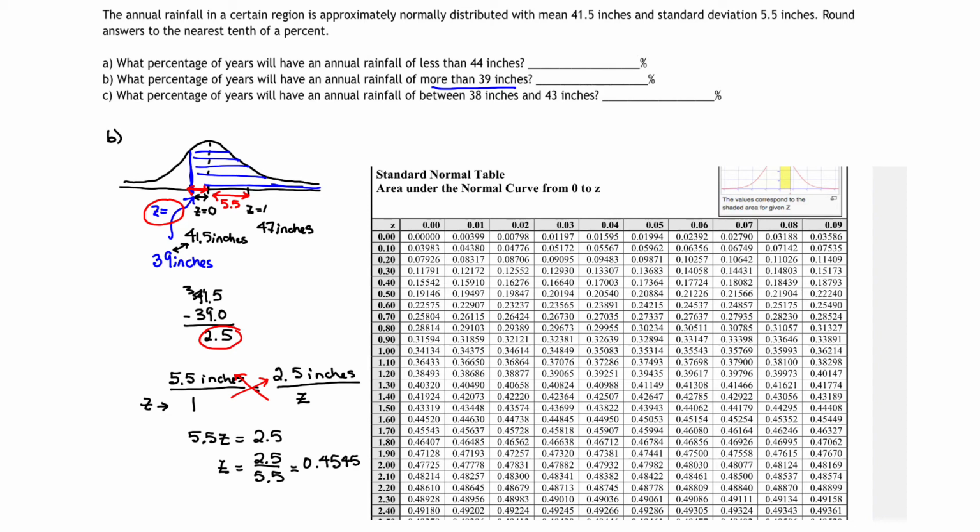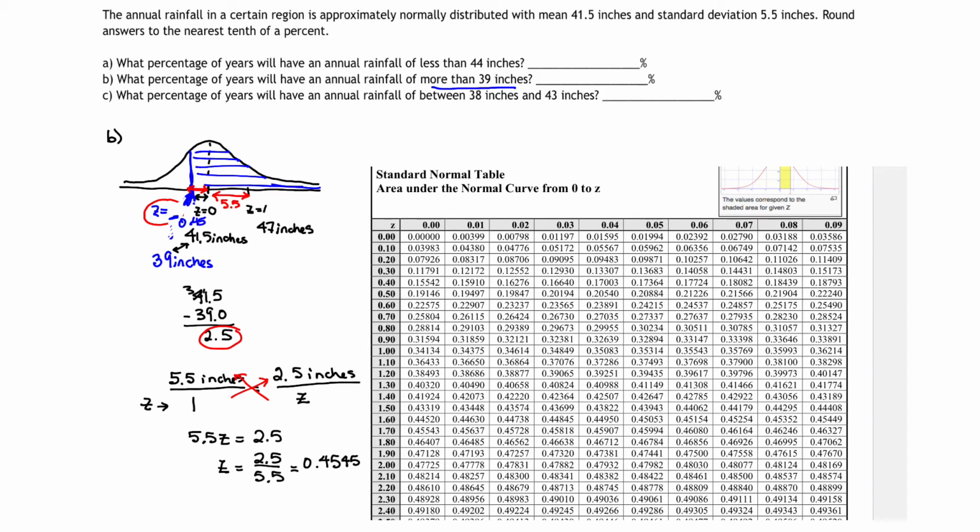Let me write this down here. This z value that we're talking about corresponds to my 39 inches. My z value is negative 0.45, etc. Once we get our particular z value, we know what to do with it.